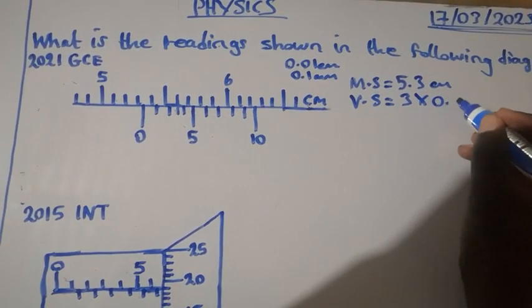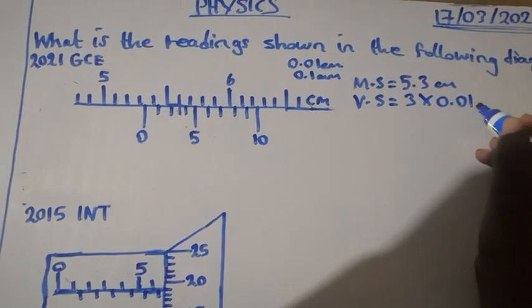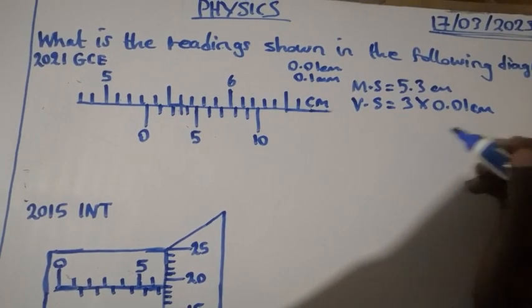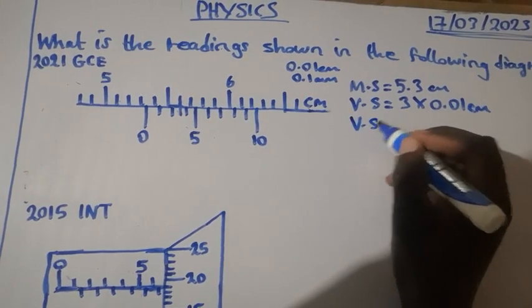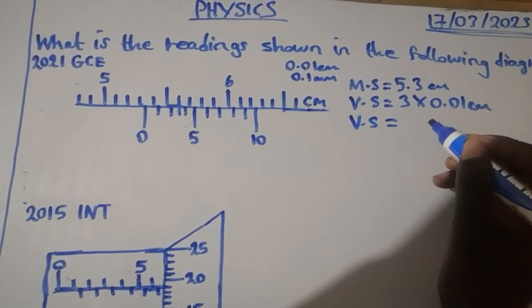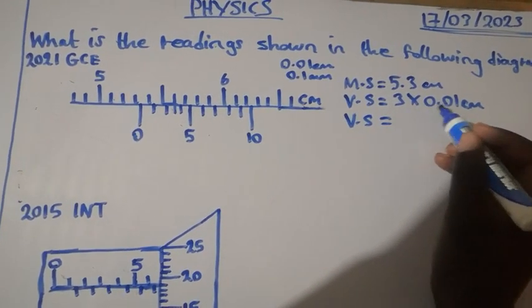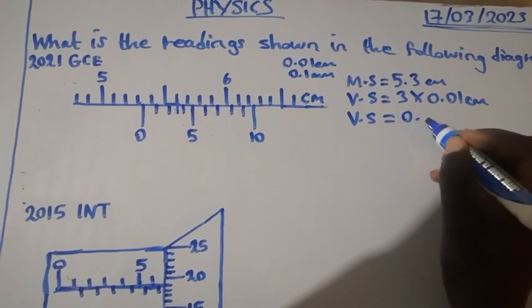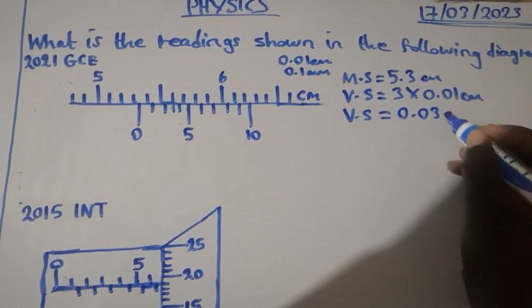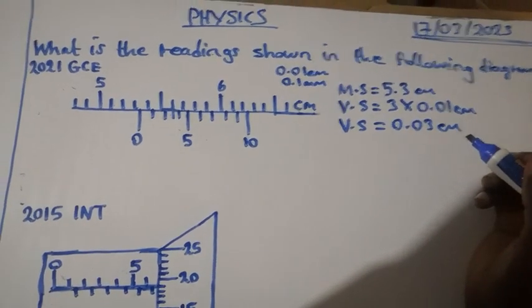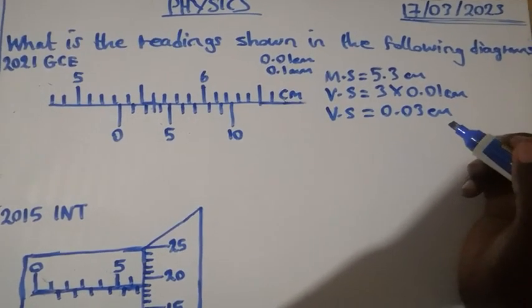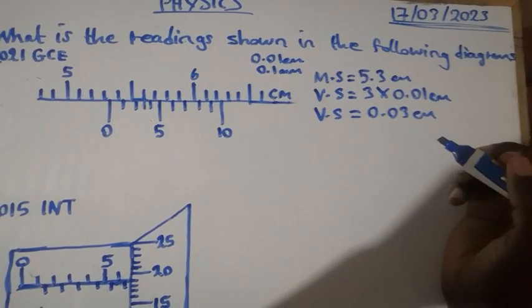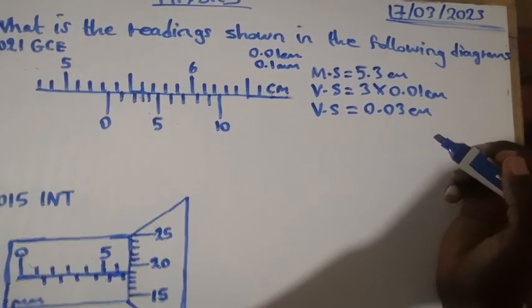So times 0.01 centimeters. The vernier scale reading is going to be 3 times 0.01, which is 0.03 centimeters. So this is how you should pick the main scale reading and the vernier scale reading.